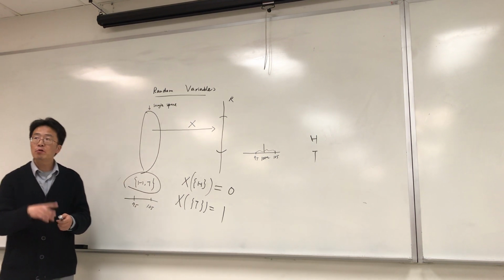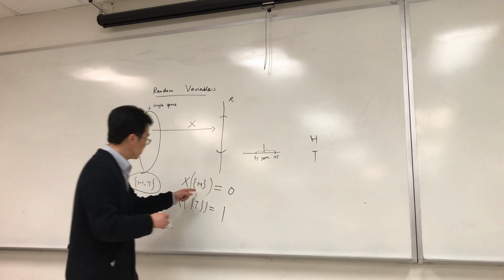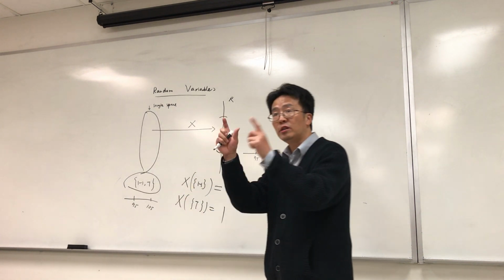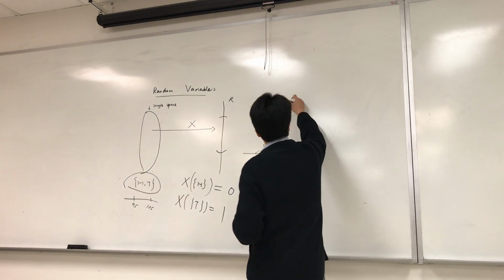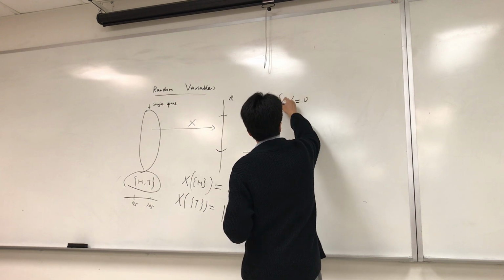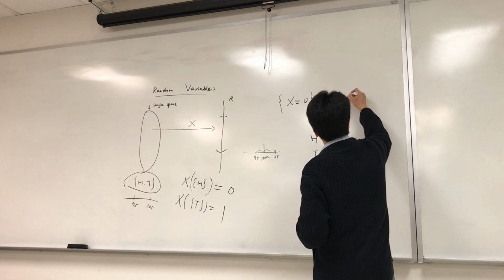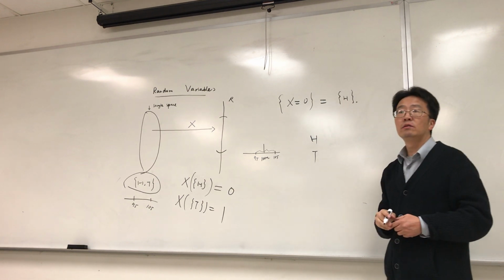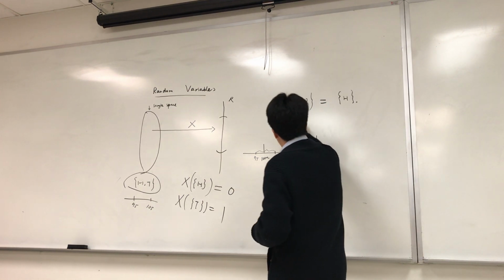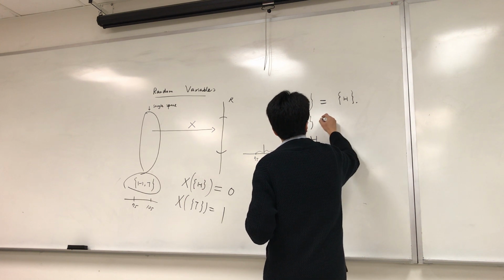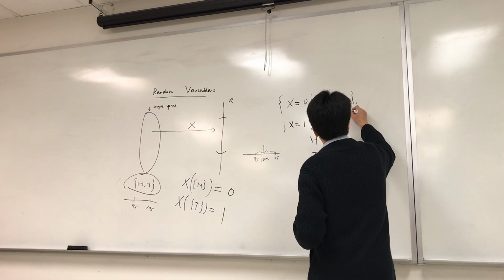But now we can represent the event head with a number. In other words, if we say X equal to 0, this will be equivalent to what? Head event. Similarly, X equal to 1 is equivalent to what? Tail.